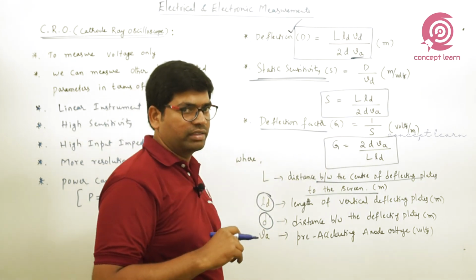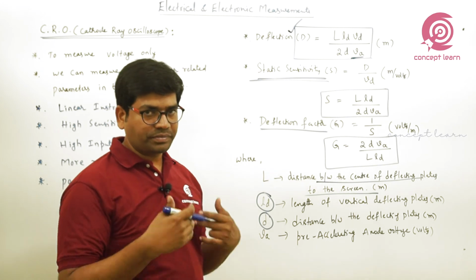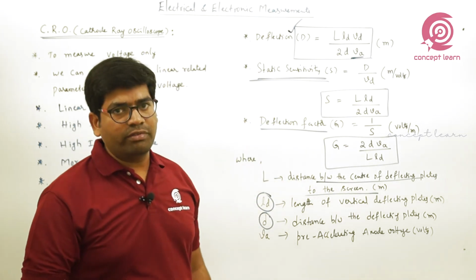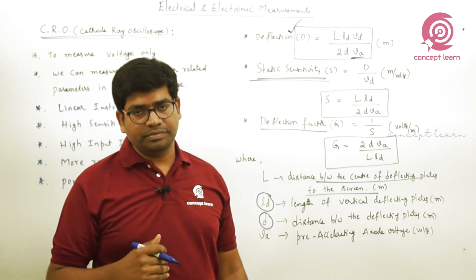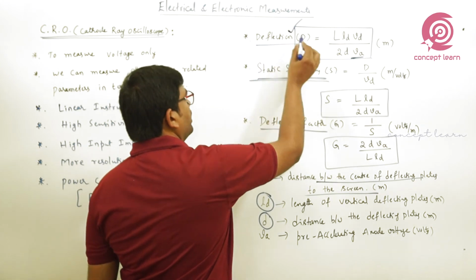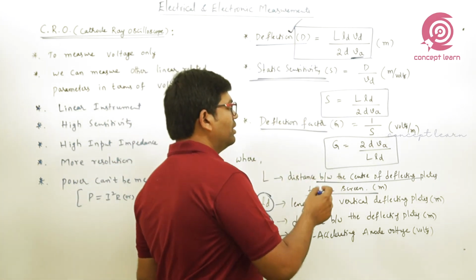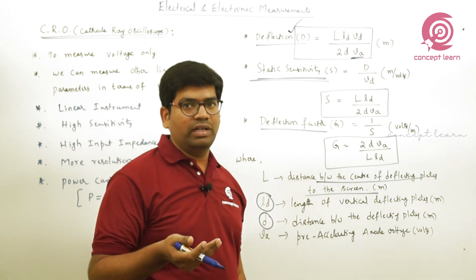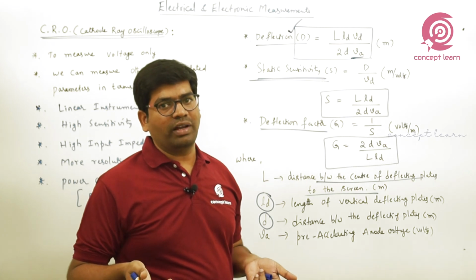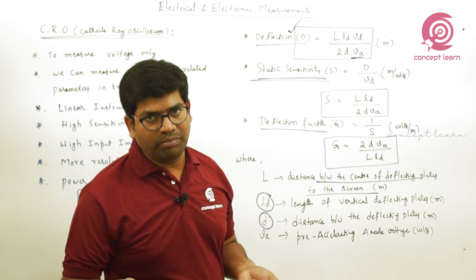Once you memorize this expression, automatically you can memorize the static sensitivity as well as the deflection factor. Sensitivity, we know that relation: static sensitivity is the ratio of magnitude of output to magnitude of input. What is the output here? Deflection on the screen is the output. What is the input? Vertical deflecting plate voltage, because the input quantity we give in the form of voltage or potential difference, we can give only to the vertical deflecting plates.